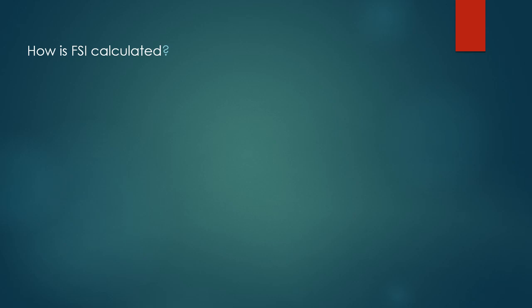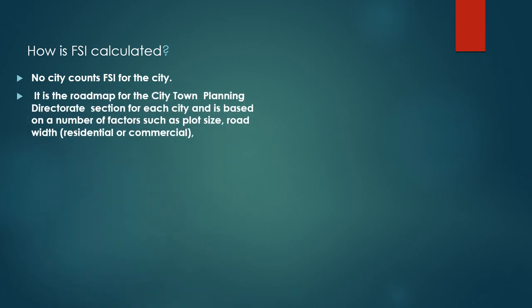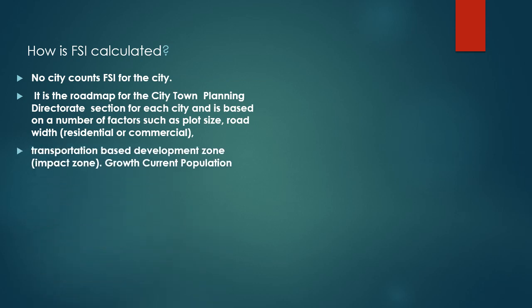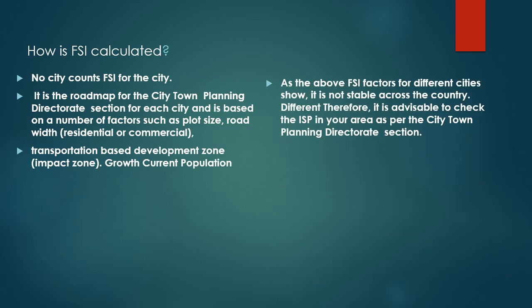How is FSI calculated? Not every city has the same FSI. It is decided by the City Town Planning Directorate of each city and is based on a number of factors such as plot size, road width, and usage, from residential to commercial, transportation based development zones, and growth of the current population.